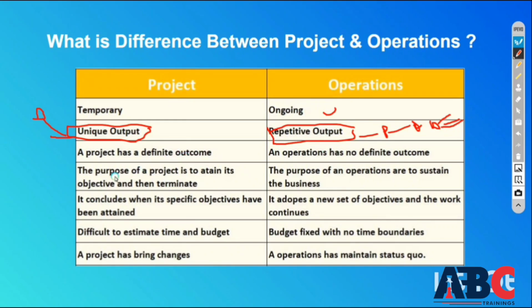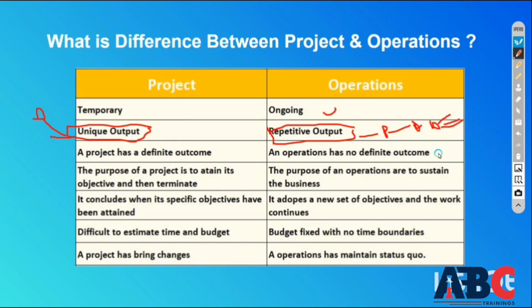The third point we discussed is that in a project you get a fixed outcome, but in operations there is no defined outcome, meaning your goal is not set. According to different designs, you keep getting outcomes in different ways.